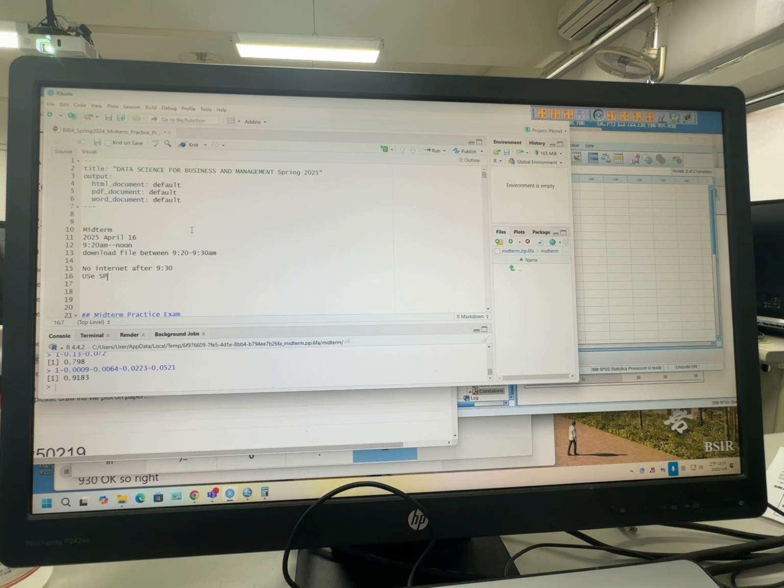Use SPSS to solve the problem, and then write up your work on paper. Draw the table and answer the question.